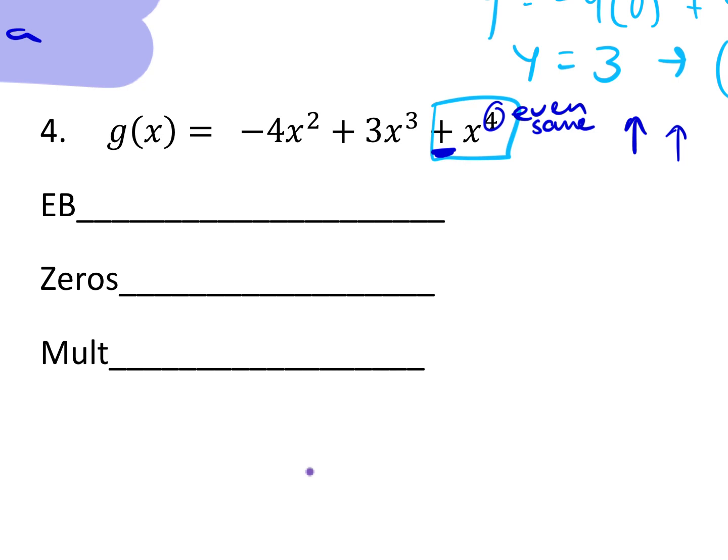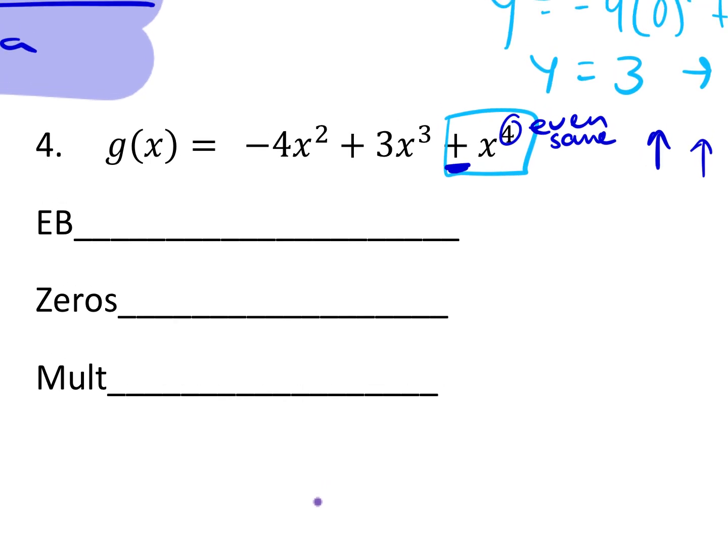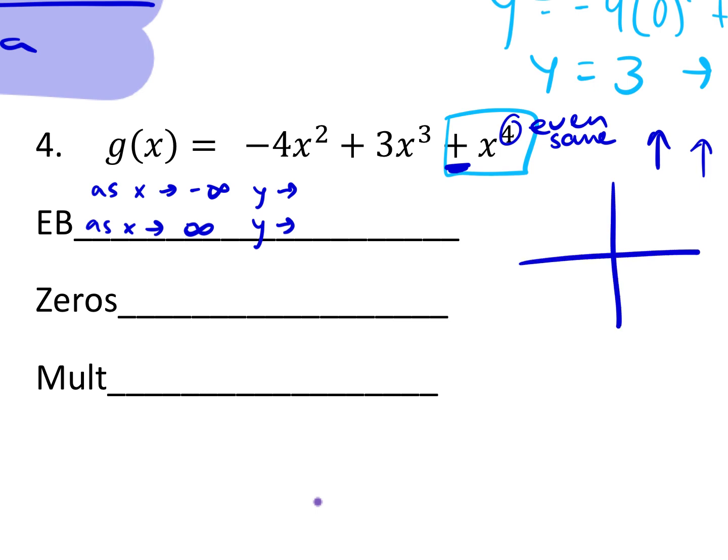So when we write that in arrow notation, we need as x goes to -infinity and as x goes to positive infinity, then y goes to blank. So just in case we forget which one's which, this one kind of helps that they're both going in the same direction.